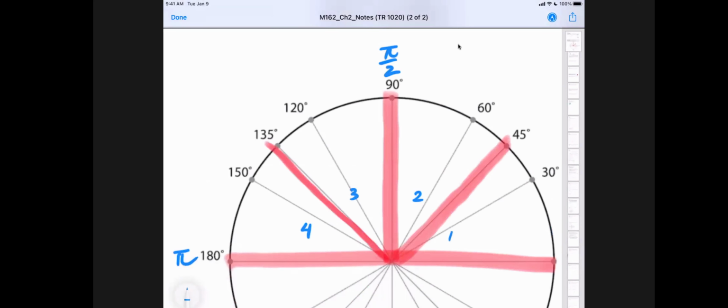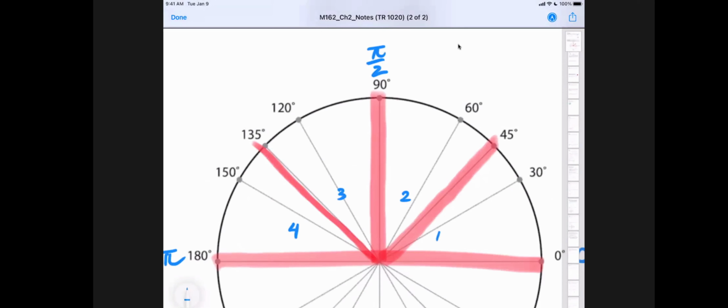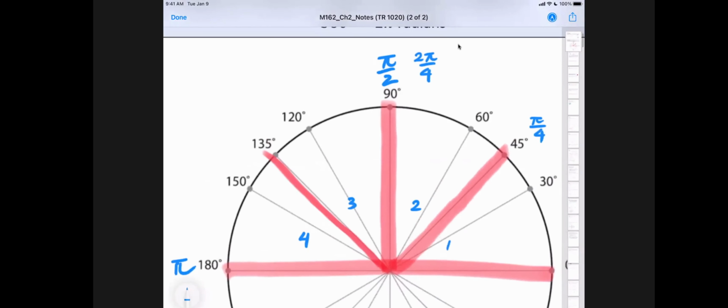So the 45-degree angles are going to be in quarters. We're going to cut this pizza up into quarters. So the first 45 degrees would be a quarter of pi, which is pi over 4. And then the next quarter would be 2 pi over 4. You're at the 90-degree mark, but that's pi over 2, because when you simplify it, the 2 reduces by half.